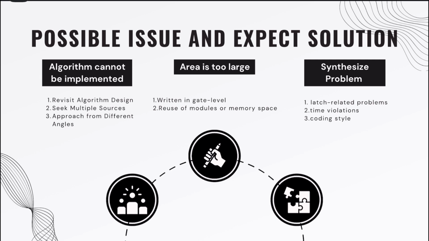Lastly, the challenge involves synthesis failure, a problem that has been encountered in recent assignments. To handle this, our first step would be to check for the potential creation of latches and investigate any instances of timing violations. It's also crucial to review and confirm that our coding style is adequate and compatible with synthesis requirements.